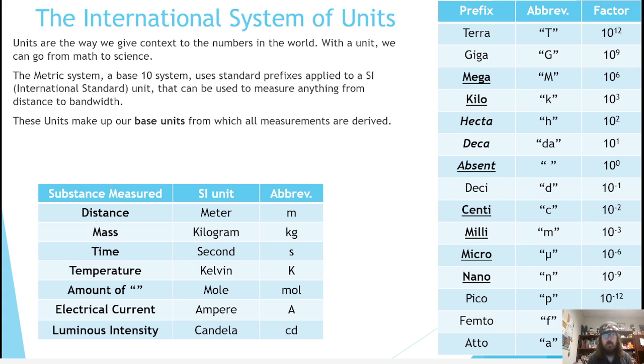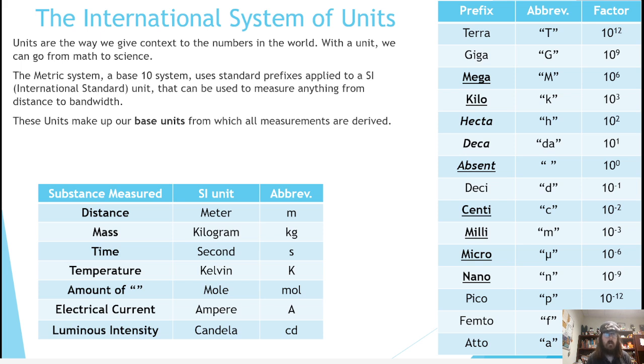For example, as we'll learn about later, a mole is a relationship where 1 mole of carbon-12 weighs exactly 12 grams. And the AMU is standardized, so 1 atom of carbon weighs exactly 12 AMUs.